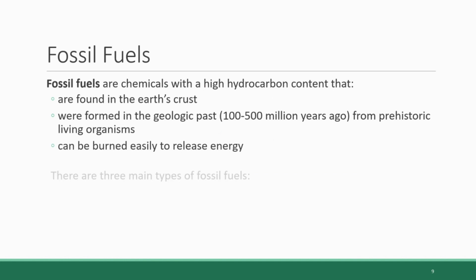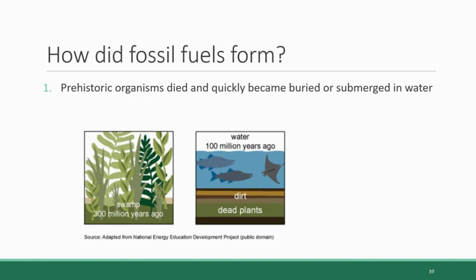There are three main things that fall under this definition of fossil fuels: oil, natural gas, and coal. So, in this chapter, we are going to be dedicating a section to each of these three types of fossil fuels. And in just a moment, we're going to address how each of them is formed. But to give you a broad overview, fossil fuels were formed from prehistoric organisms that died and then quickly became buried or submerged underwater.